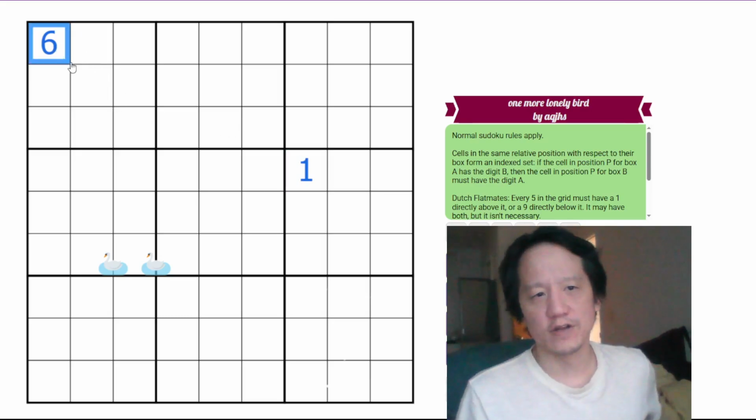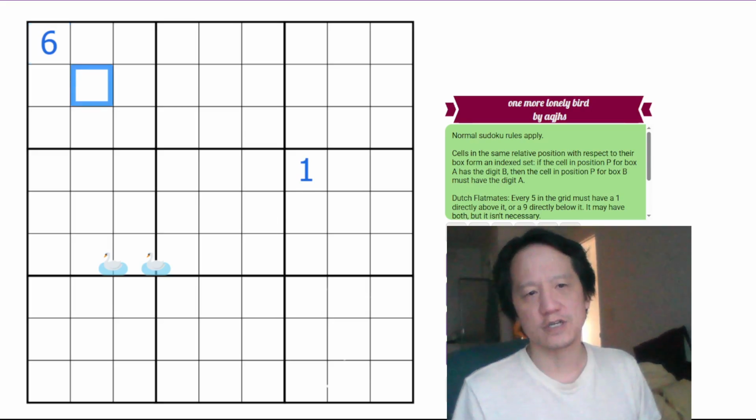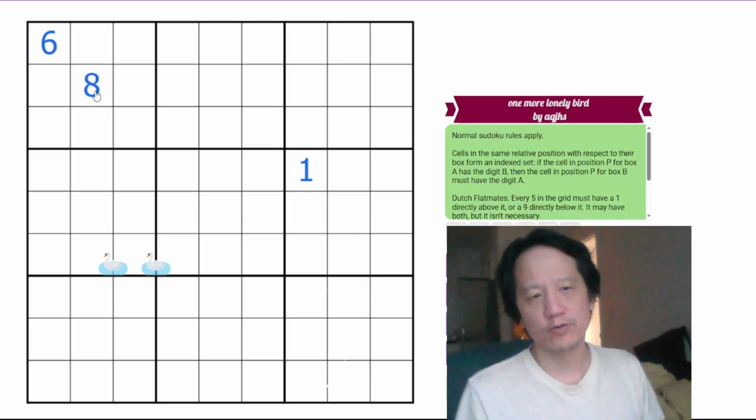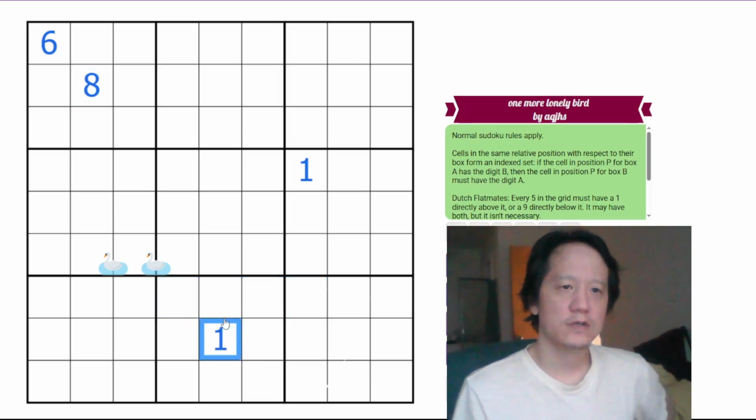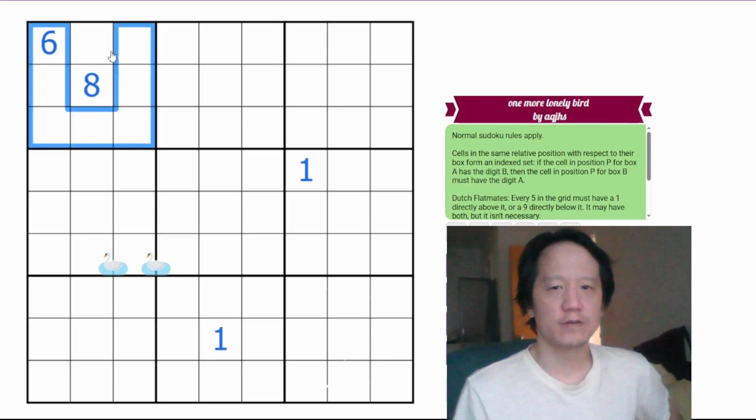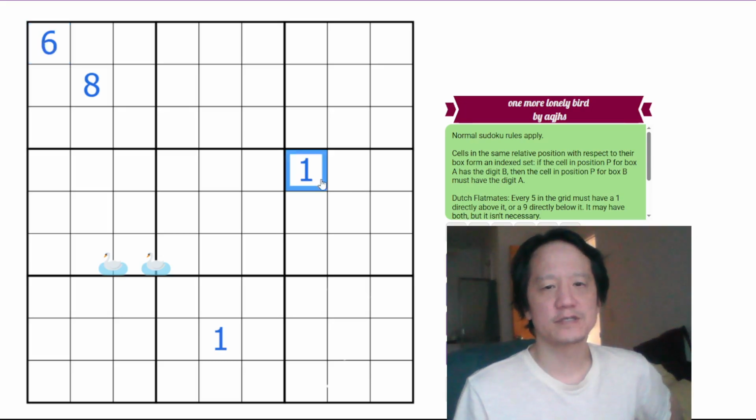So say this was 6. If this was, say, 8, that would mean the 1 in box 8 must be in the same position. So for box 1, you have the digit 6 in that position. Therefore, in the same position in box 6, you must have a 1.